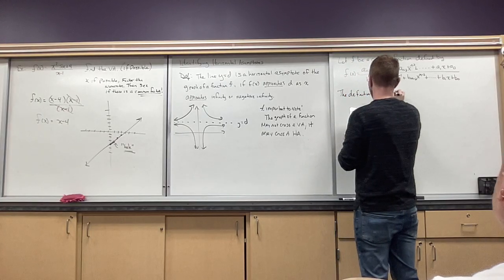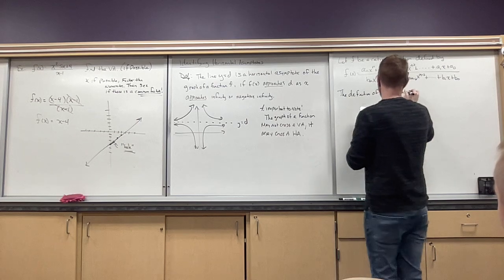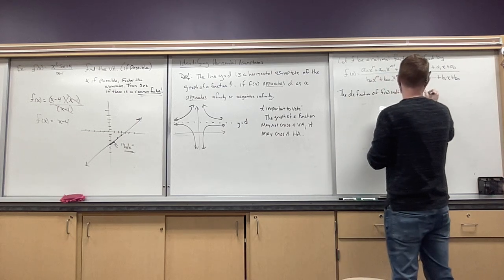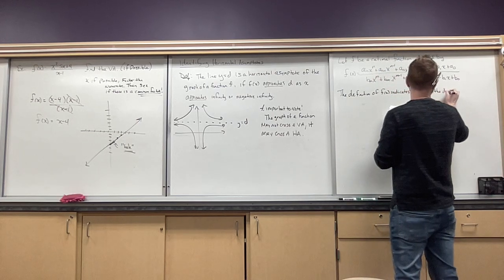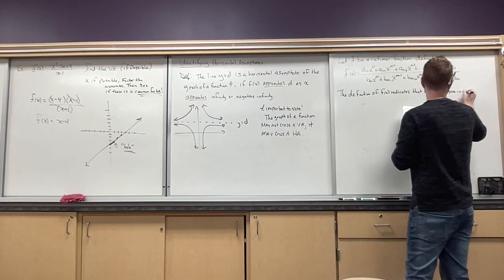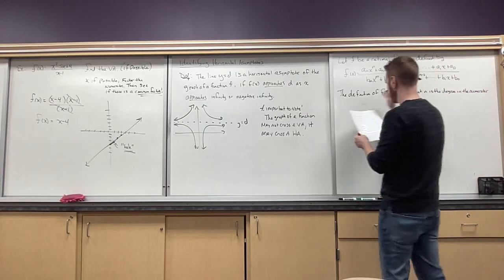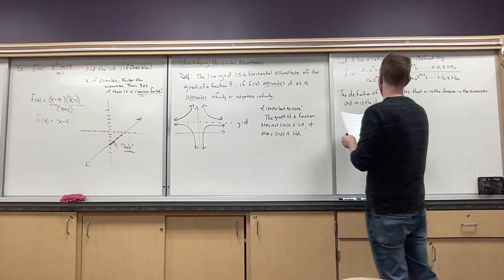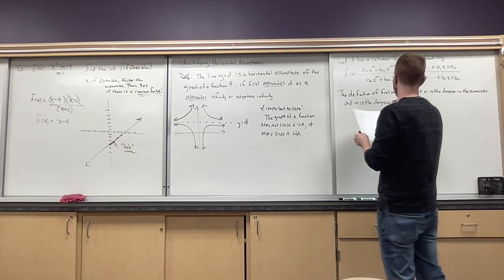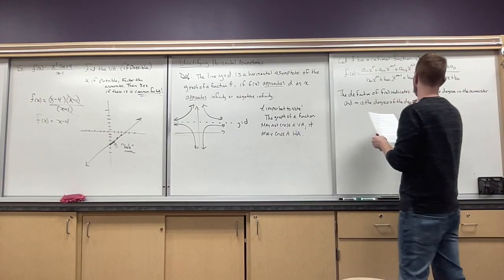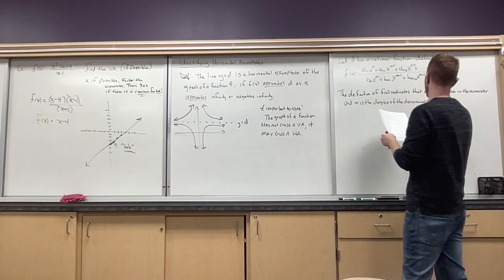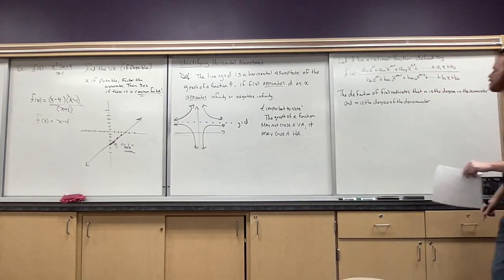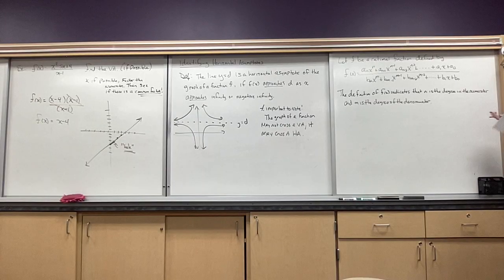F of x indicates that n is the degree in the numerator. I'm just writing down what I just said. And m is the degree of the denominator. Again, pretty much what I just stated there.